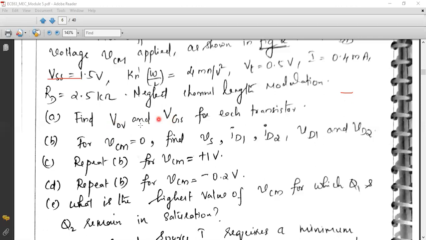What is the relationship between VGS and VOV? Anyone? VOV equal to? Revi N, you tell me. Revi 143, you tell me the relationship between VGS and VOV.